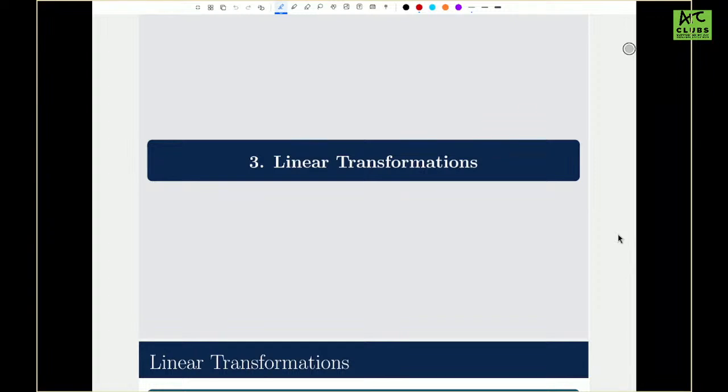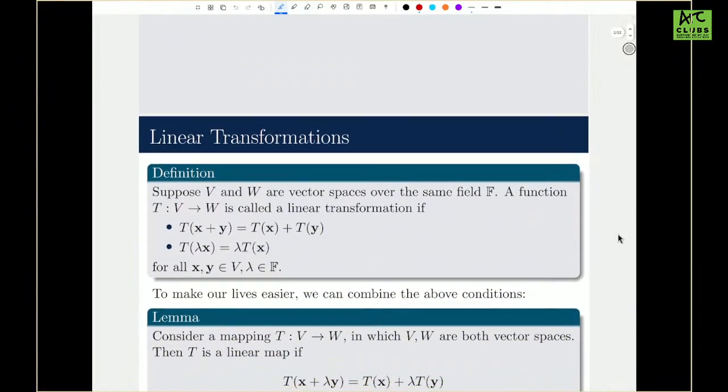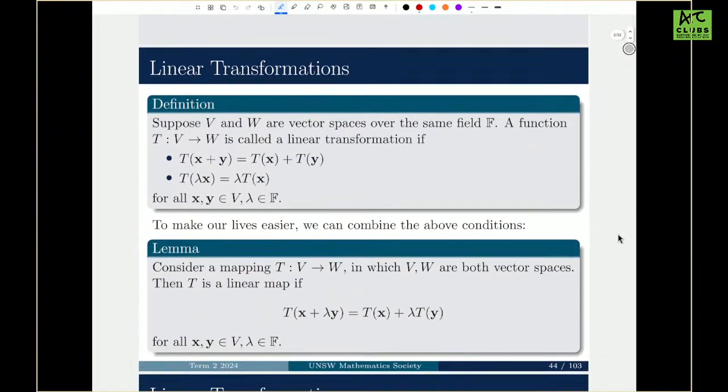Okay, moving on to linear transformations. Suppose we have V and W vector spaces over the same field. A function from one to the other is called a linear transformation if it satisfies these two things.